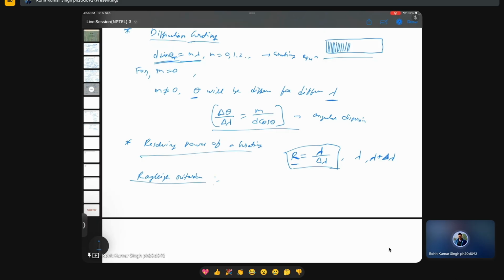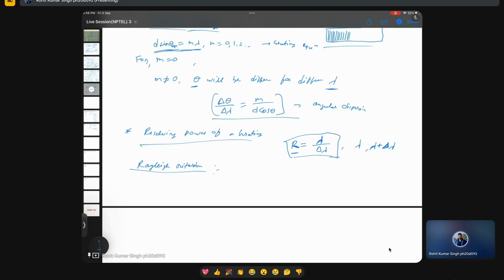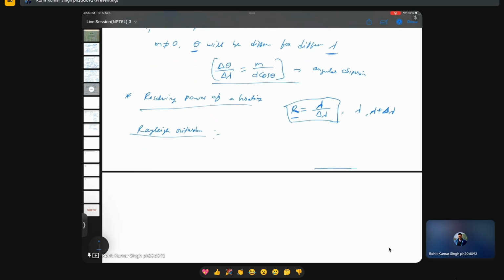Now what the Rayleigh criterion means is this. Suppose for a given wavelength, d sine theta equals m lambda. This is the condition for principal maxima, right? So you have this principal maxima, and then you have another one, and this is the minima. This is for a given wavelength.